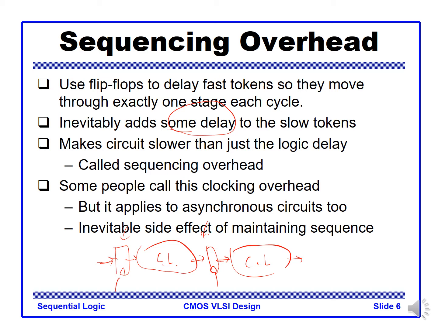By adding the flip-flop, the overall computation is slowed by the flip-flop. This is called clocking overhead. By adding a periodic clock, we get some overhead. This is a kind of side effect of maintaining sequence.